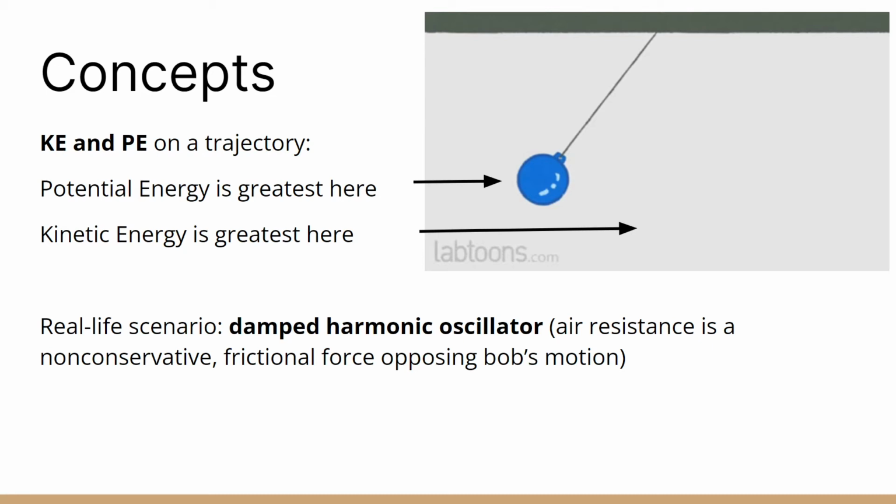Especially as there's less height there, so there's less potential energy, and thus more of that potential energy is converted to kinetic energy. At the same time, potential energy is greatest at the highest point because there is the most height. As you know, potential energy is directly proportional to the height, and therefore all of this kinetic energy is going to be converted to potential energy.